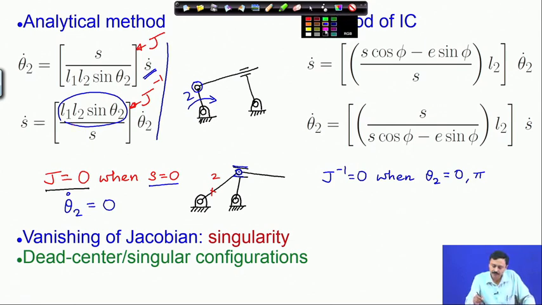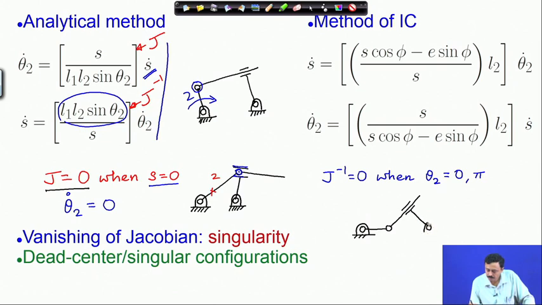Now, what are the configurations at which this will happen? When theta 2 equal to 0, this is one configuration.